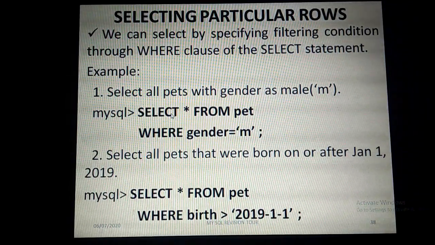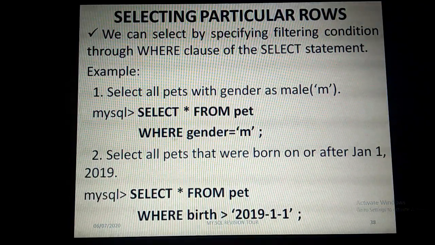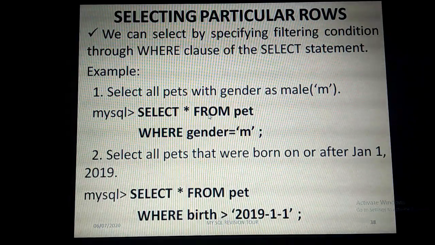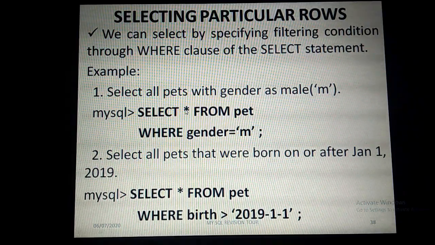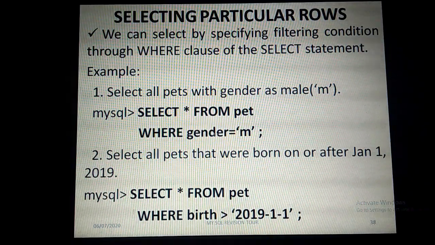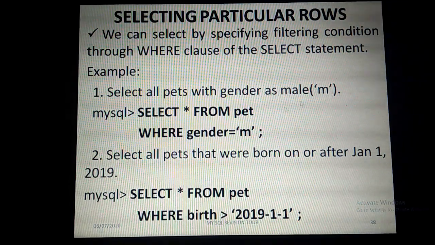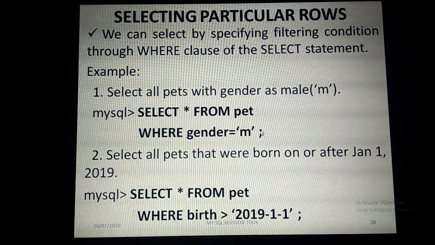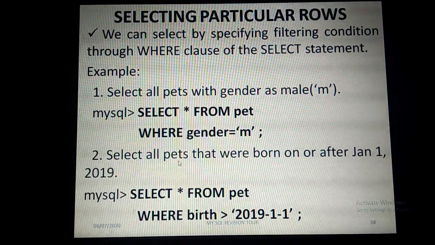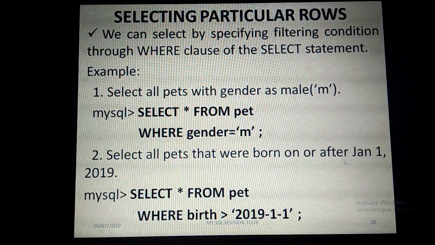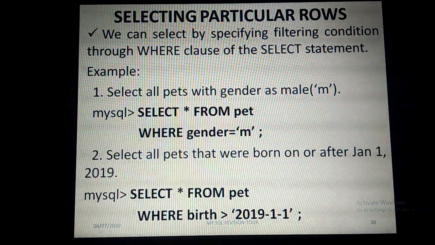For that we apply the following query: select star from pet where gender is equal to m. It should be equal to m, and after assigning it you give the semicolon. Then the next example is select all pets that were born on or after Jan 1, 2019. After means greater than, you need to use.